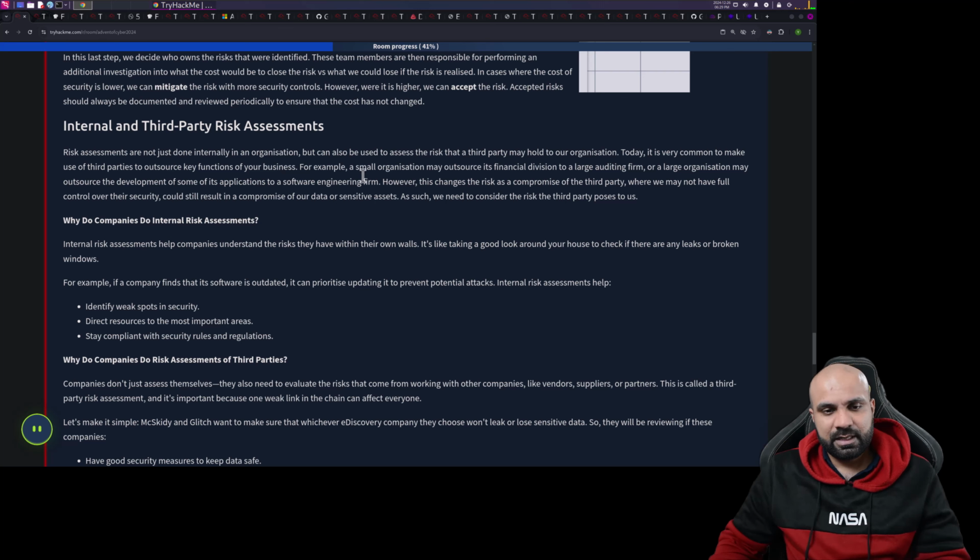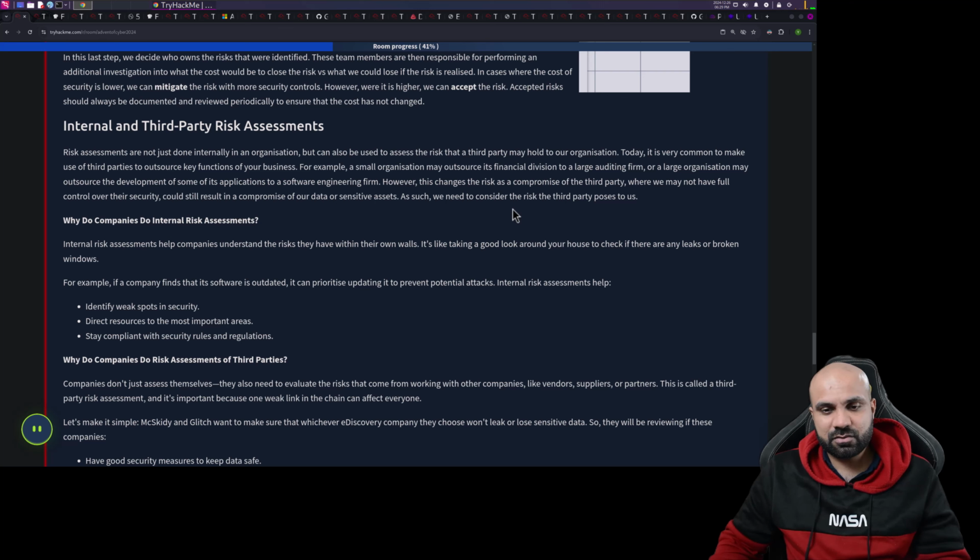For example, a small organization may outsource its financial division to a large auditing firm, or a large organization may outsource the development of some of its applications to a software engineering firm. However, this changes the risk, as a compromise of the third party, where we may not have full control over their security, could still result in compromise of our data or sensitive assets.